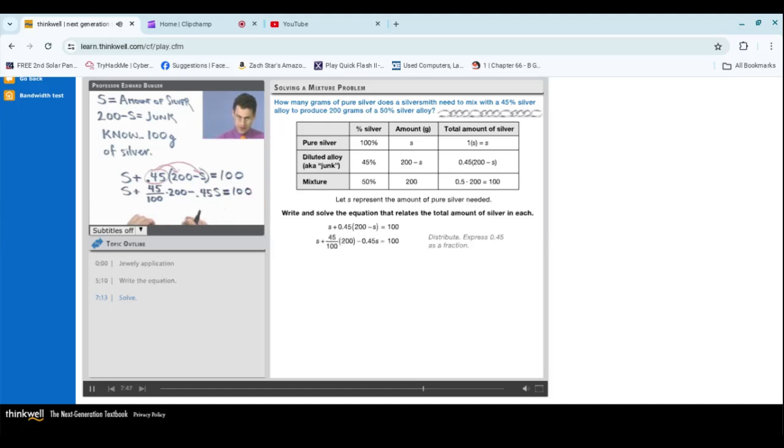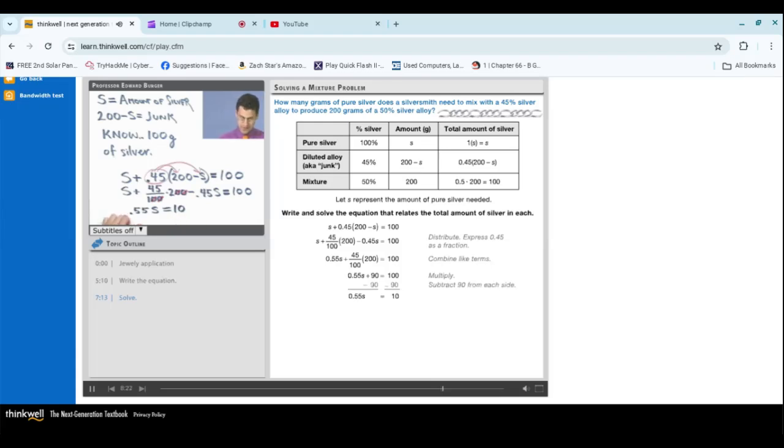Okay, well, let's see. I have S, and I subtract off 0.45 S, so I can do this with 0.55 S. And then here I can get a cancellation. Those zeros can cancel out. And I'm going to select the 45 times 2. 45 times 2 is 90. And I have 100 on this side. If I bring the 90 over, I'm subtracting 90. It's equal to 10.